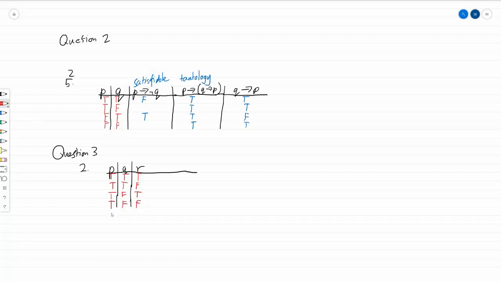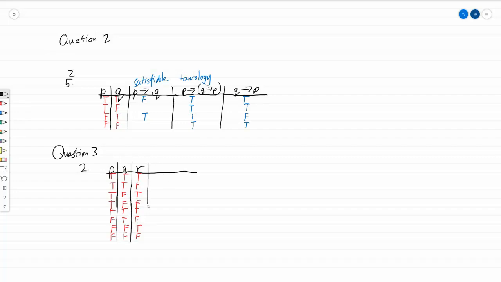Then that should be everything for that one. So then we have false, true, true, false, true, false, false, false, true, false, false, false. That should be everything, I believe. Let's draw this down. There we go.